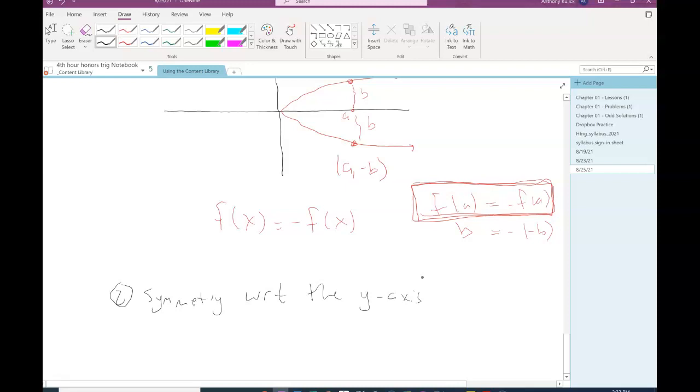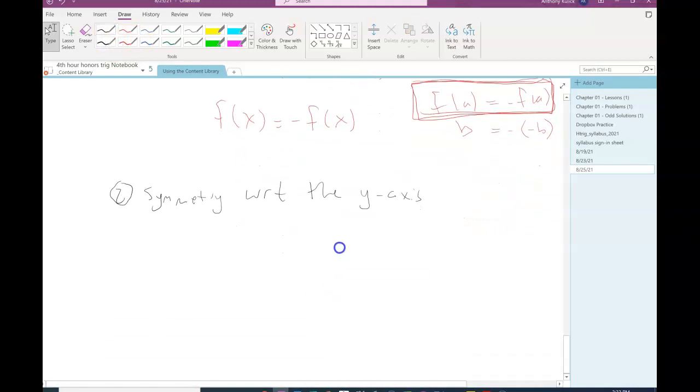Parenthesis. Yep, parenthesis. Okay. So the same idea for symmetry with respect to the y-axis. Have something like this.